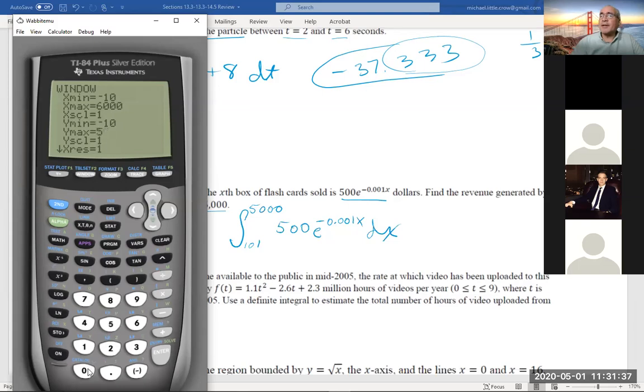Y max at 500. And let's see if that gives us a good, yeah, that was a good call. So we've got this sort of thing going on and it's getting smaller and smaller. Again, we go second calc, number 7. The lower limit's 101 and the upper limit is 5,000.